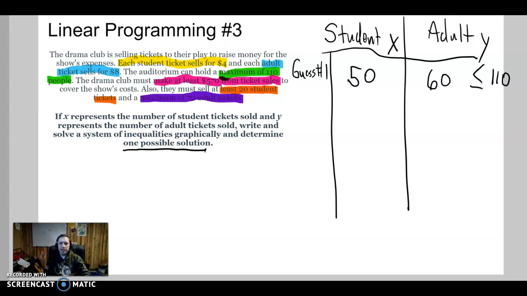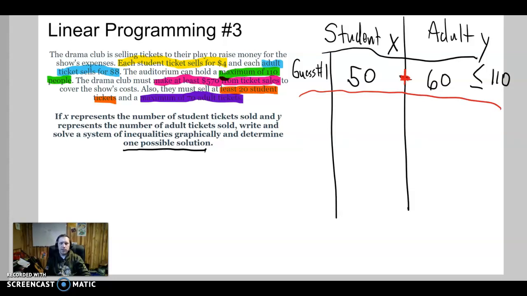That's the most I can have when I add these two together. And this is where the math comes in, the guessing part of this. So you have to make a good guess.